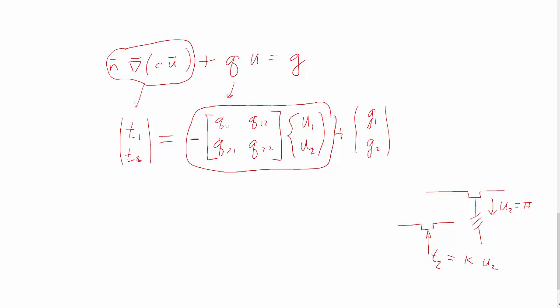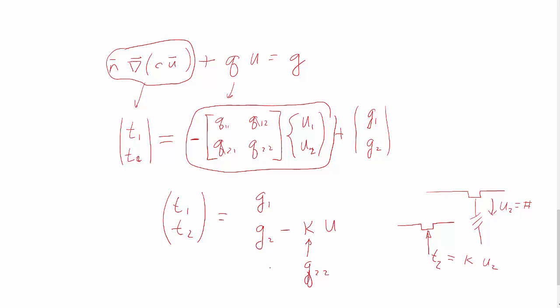If you make this one and this one and this one 0, all you'll get is traction 1 here, and traction 2, the applied loads, will become G1, and the other one will become G2 minus some spring constant, which happens to be Q22, times U.